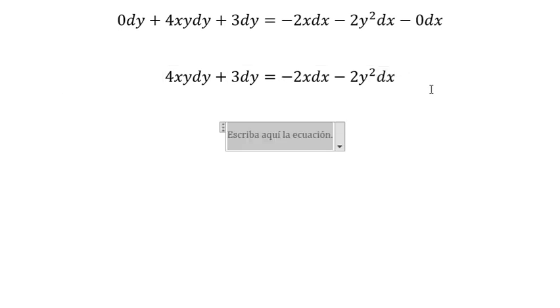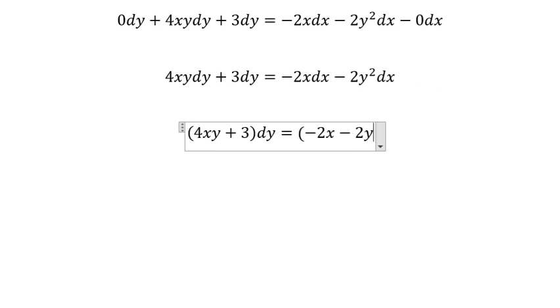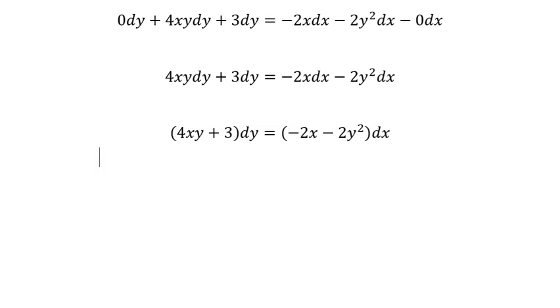When factoring the dy, we end up with 4xy plus 3 dy equals minus 2x minus 2y squared dx. Why did we do that? Because we wish to solve for dy over dx, right?